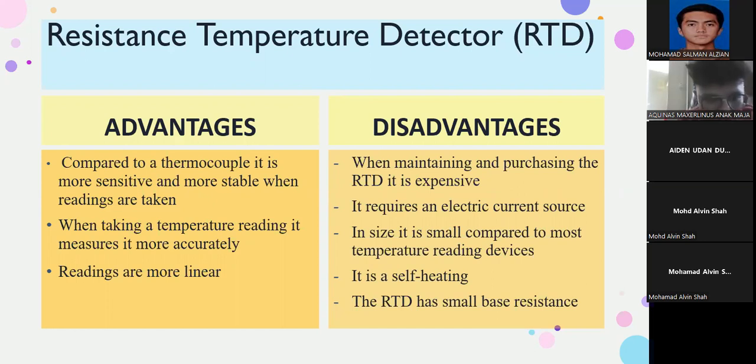For the advantages, compared to a thermocouple, it is more sensitive and more stable when readings are taken. When taking a temperature reading, it measures more accurately. Readings are more linear. For the disadvantages, maintaining and purchasing the RTD is expensive. It requires an electric current source. Its size is small compared to most temperature reading devices. It is self-heating.